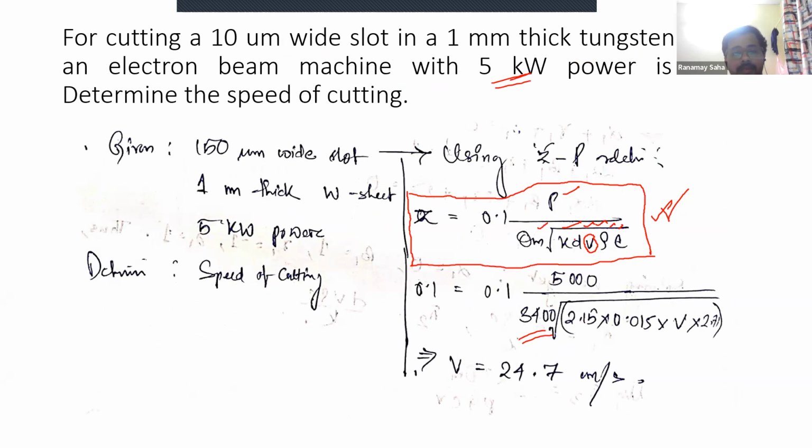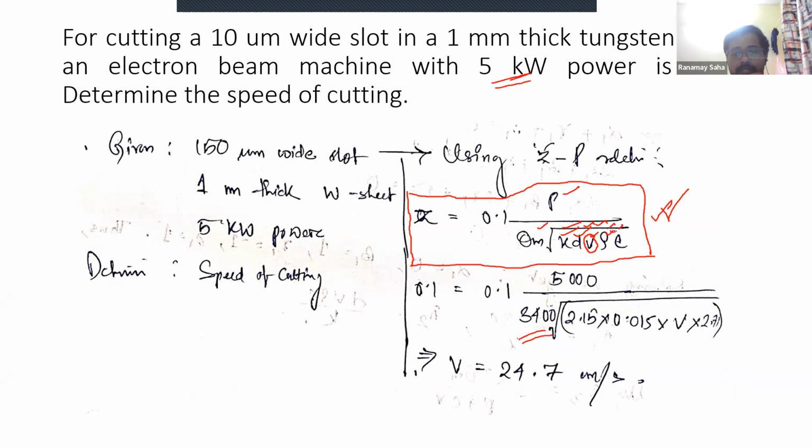And then there is your thermal conductivity, and D is the diameter of the slot. And then v is your velocity, which is unknown.